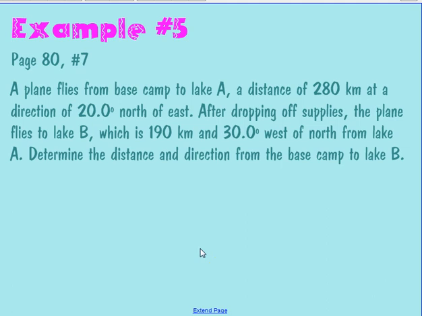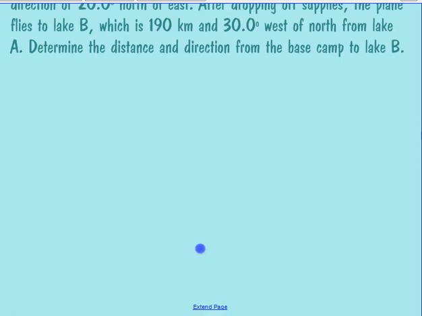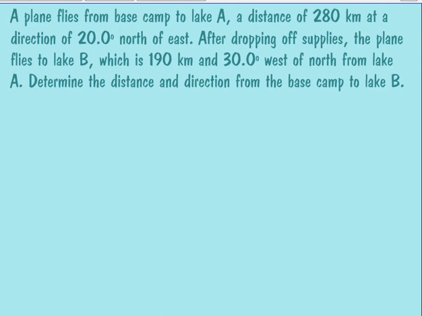So, as I'm drawing my diagram, it's not important that I have a nice pretty picture for base camp or Lake A or Lake B. It's much more important that I actually have the vectors drawn properly in there. So, I'll start off, and it says that I'm going 280 kilometers at a direction of 20 degrees north of east.